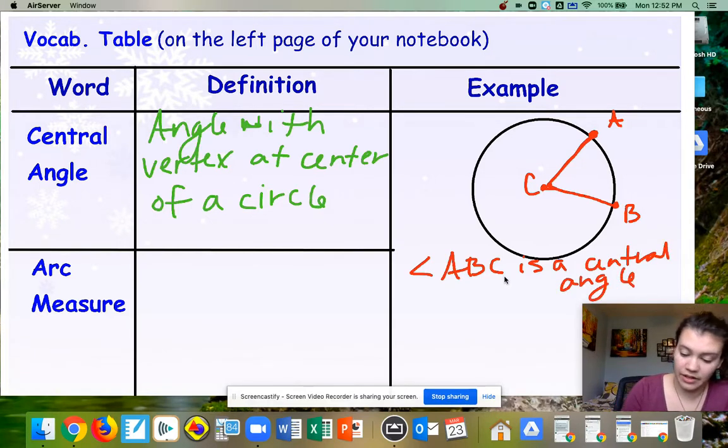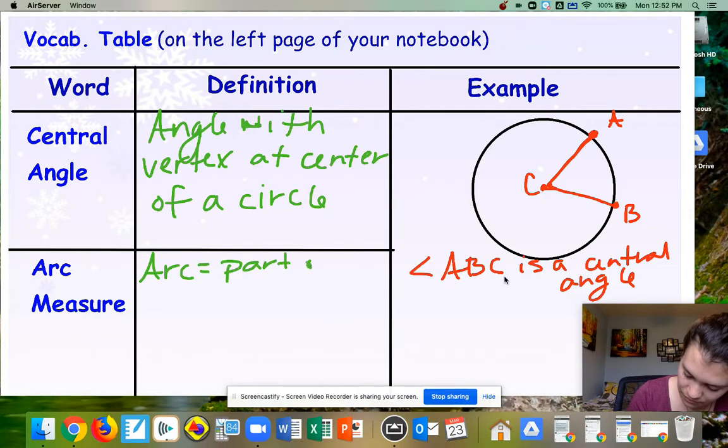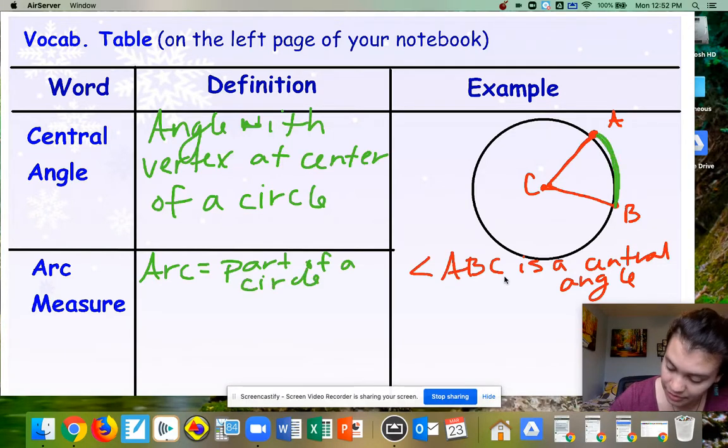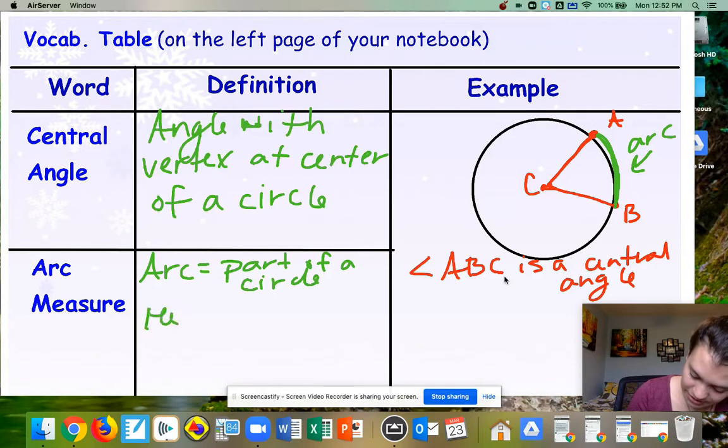So then the arc measure is the measure of an arc. An arc, first of all, is part of a circle. So here, like this chunk, this would be an arc. And then the measure of an arc is some sort of degrees or some angle, like 50 degrees, 30 degrees.